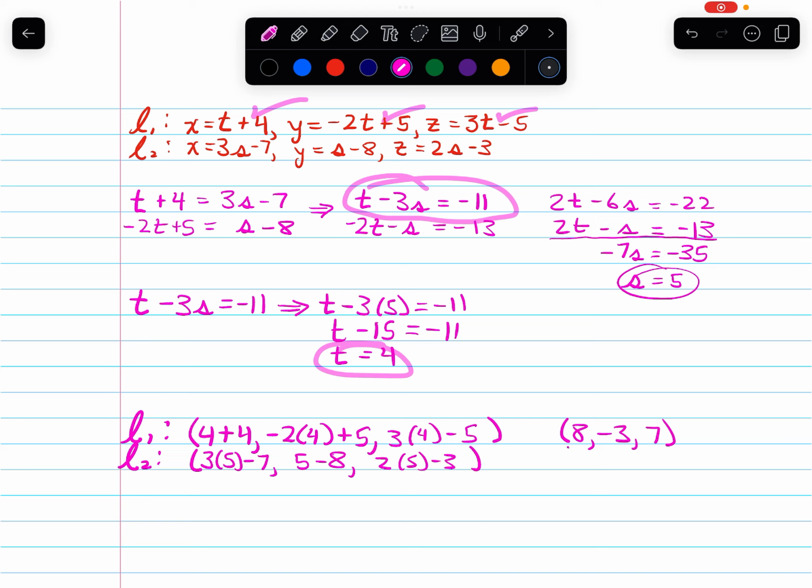Let's see what that is. That's 15 minus 7, that's 8. 5 minus 8, negative 3. Oh, here it goes, drum roll. This one has to be 7. If it's 7, then 8, negative 3, 7 is the point of intersection. So we've got 10 minus 3. That is 7. So yes, those two lines, L1 and L2, do intersect, and they intersect at the point 8, negative 3, and 7.